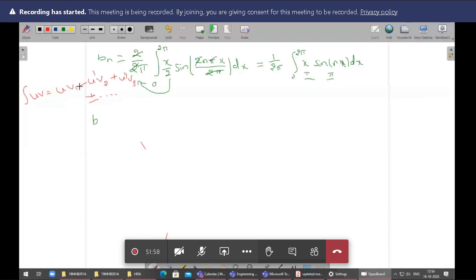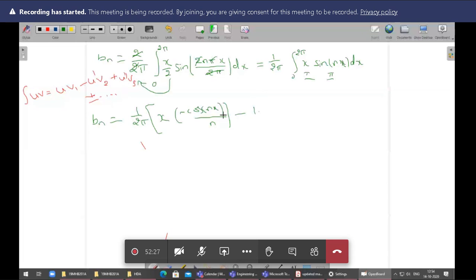So that becomes, with this, b n equals 1 by 2 pi into, so u, that is x, into integration of sine, which is minus cos nx divided by n, minus, that is this formula, minus derivative of x, which is 1, into integration of this one.